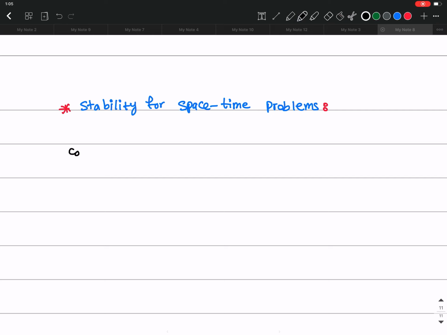So, consider partial u over partial t minus d partial square u over partial x square equals 0. So this is our governing equation.